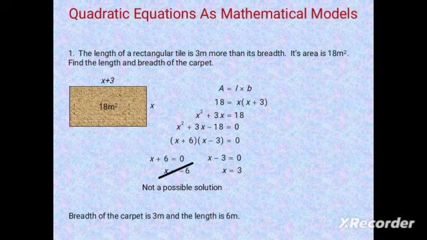So this have it that the width of this carpet is 3 meters, and the length is 6 meters, because the value of x is 3, and the expression for the length was x plus 3. So 3 plus 3 gives us 6, and that is the length of the rectangle.